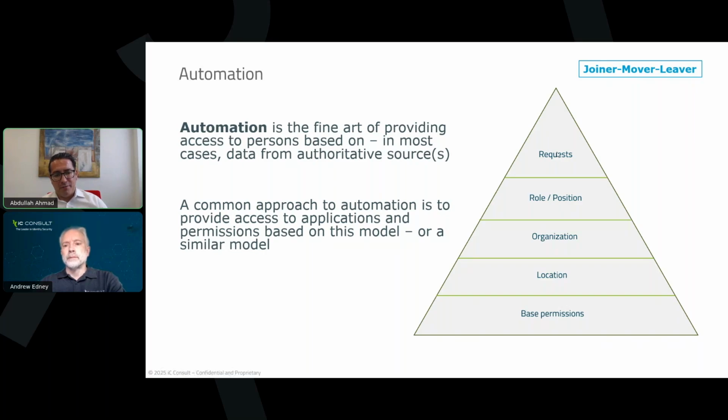If you have not implemented 100% automation, which is technically or maybe theoretically not possible because that would be a lot of workload, if something is not automated, you can still request it for yourself and for somebody else on behalf of somebody. For example, a manager can also request access for his direct line report.